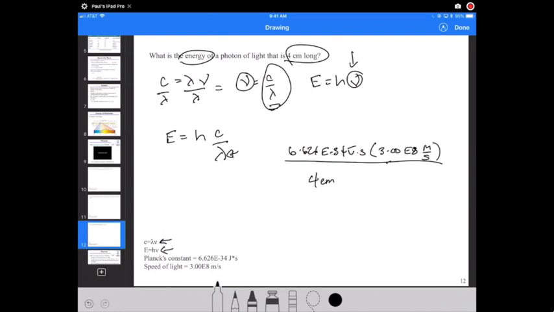But those centimeters have to be converted into meters, and 1 centimeter is 1 e to the minus 2 meters. If I start canceling things out, second on the bottom, second on the top, meter on the top, meter on the bottom, centimeter on the top, centimeter on the bottom, I have gotten rid of all of my units except for joules, which I want because that's a value of energy.